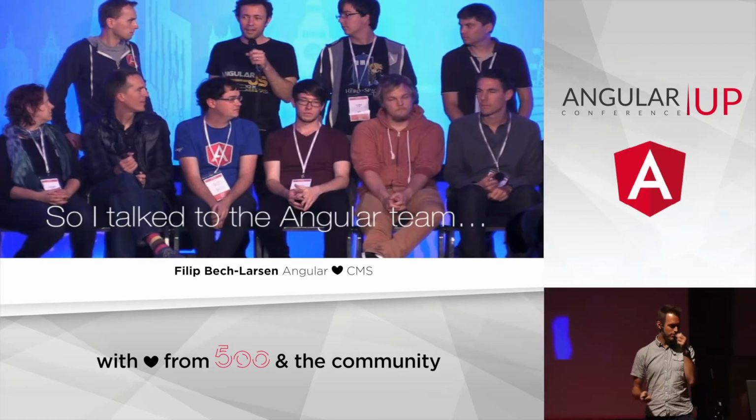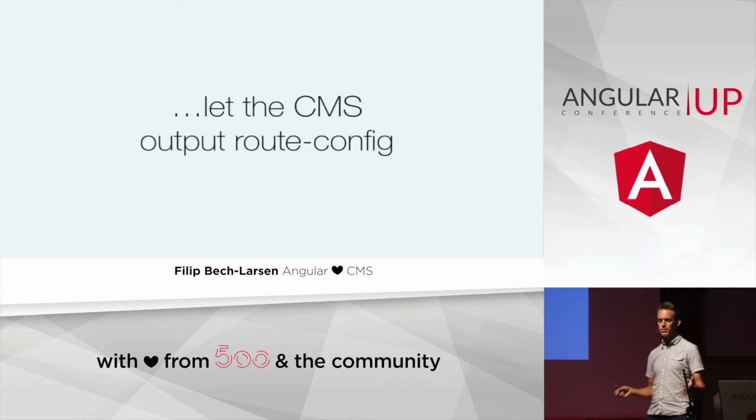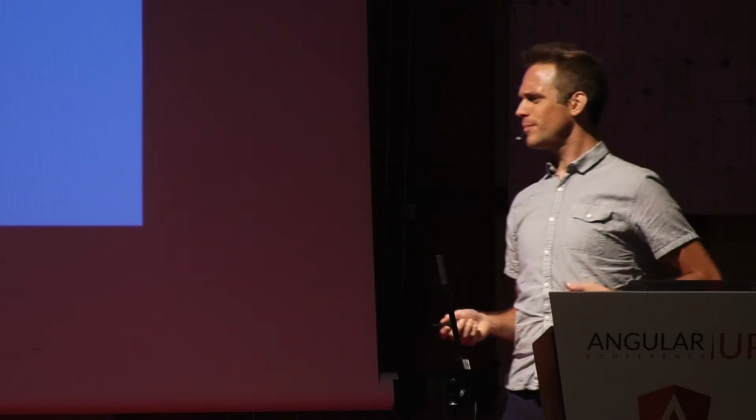So I was stuck here for a while. I talked to some of the guys from the Angular team, and they were like, maybe you could let the CMS actually output a route config, because we want the CMS to be the only one that knows, the source of truth on the route information. We want that to be the CMS. So maybe that could happen.